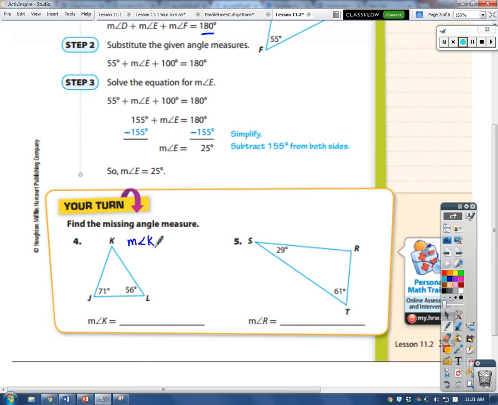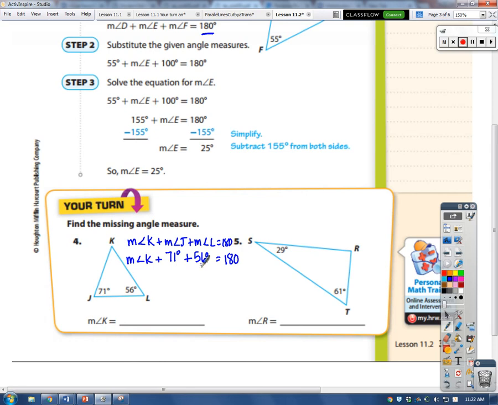Measure of angle K plus the measure of angle J plus the measure of angle L equal 180, right? Well, I have J, I have L, so I'm going to sub those in. So 71 degrees plus 56 degrees plus the measure of angle K equals 180.